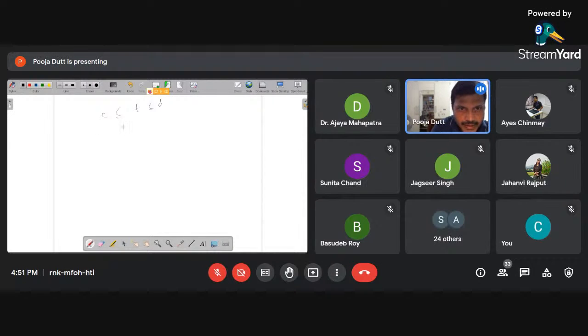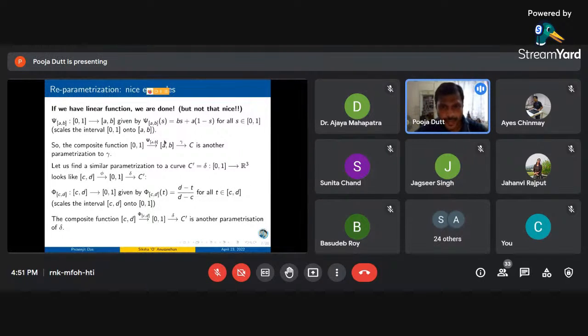So you subtract C: t minus C, less than D minus C. And then D minus C, since it is non-zero, you divide by it. So you divide t minus C by D minus C, and the interval got transformed into 0, 1. That's all. So the function here in that case would be t minus C divided by D minus C.